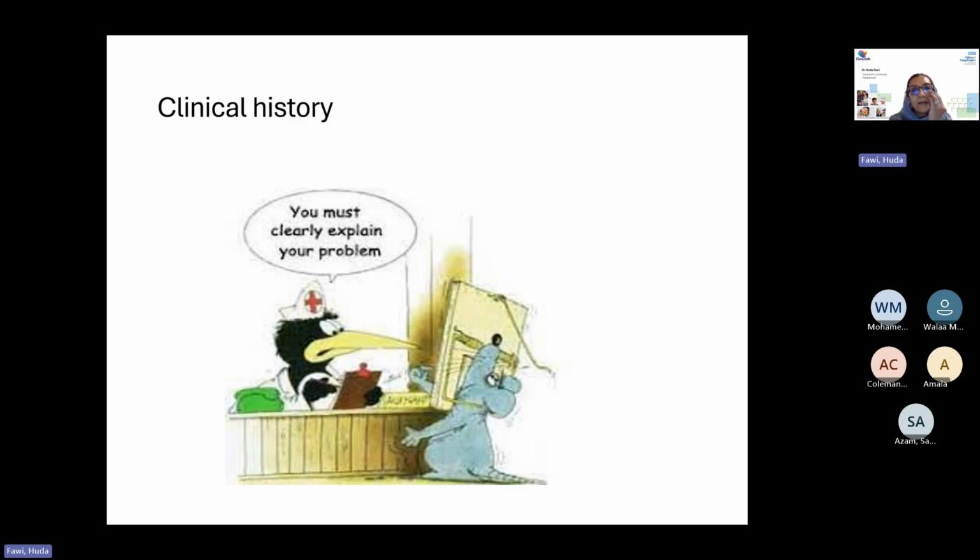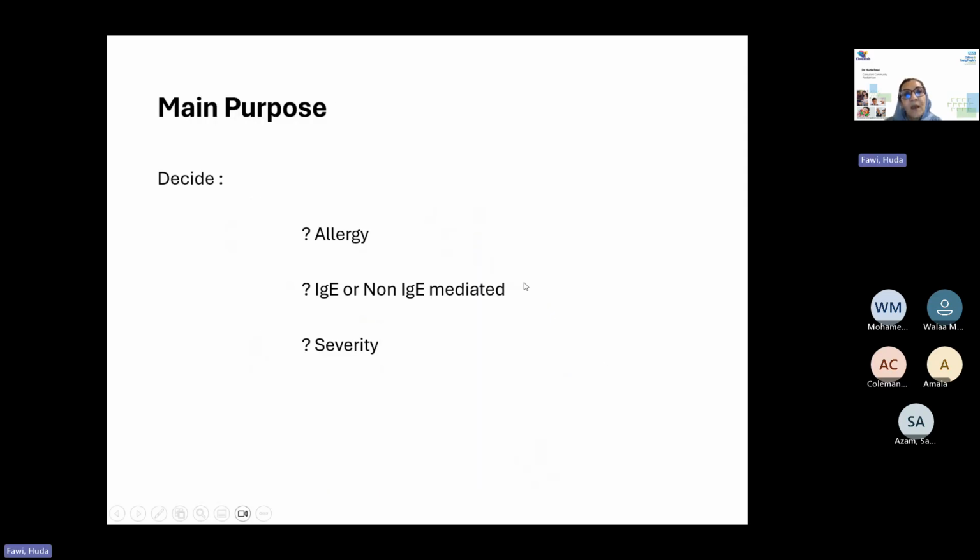So the clinical history, once you've got the child that presents, is most important to take, and you must take a very good clinical history to be able to diagnose what the issue is. The main purpose of your consultation is to decide, is it an allergy?